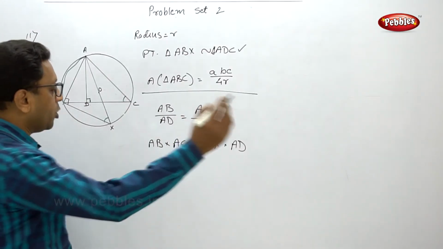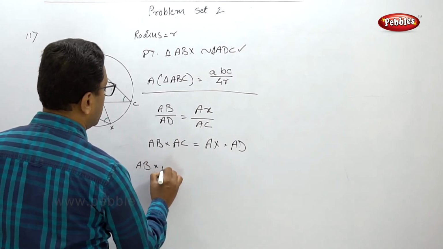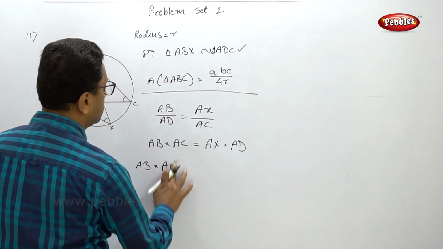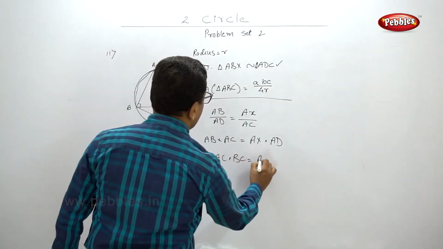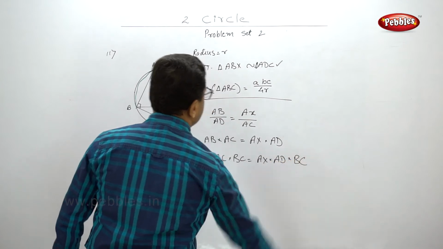Now I will multiply both the sides by BC. AB into AC into BC is equal to AX into AD into BC.